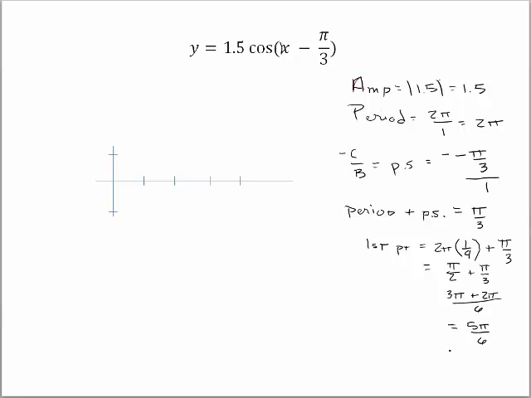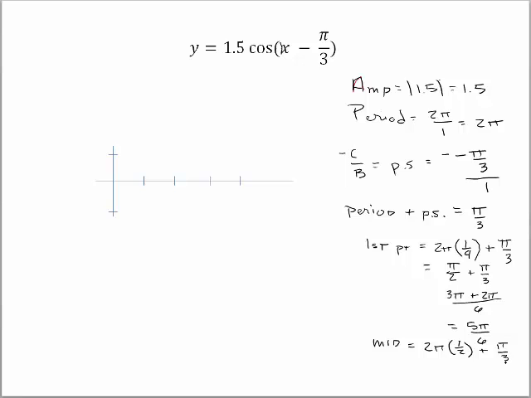Okay, now the half point, we'll call that mid, okay? All right, we're going to take 2 pi again. This time we want the half point, and we need to add the phase shift.